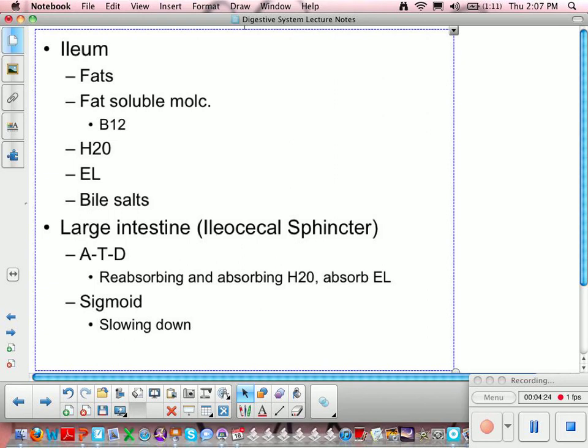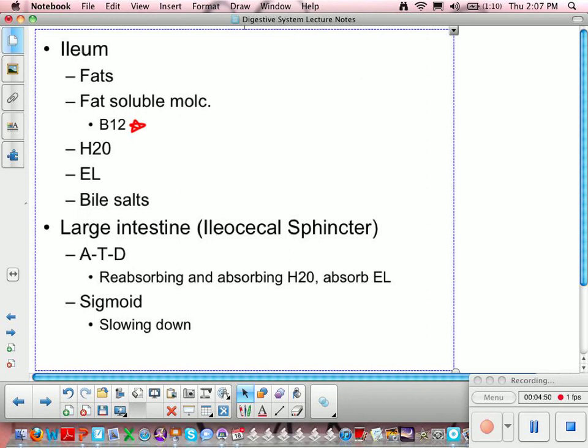In the ileum is where we're going to absorb fat-soluble molecules, especially vitamin B12. So we need vitamin B12. One of the signs of tapeworm infection or infestation is that the tapeworms will absorb all of the vitamin B12.